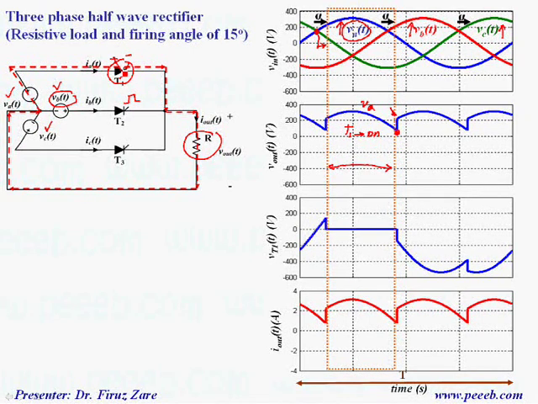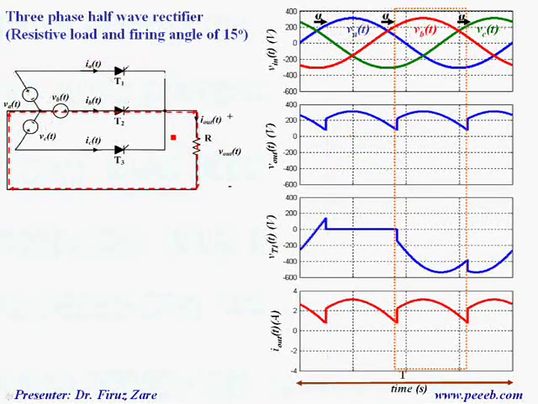If you look at this current loop, over this period T2 conducts, that means T2 is on, and because phase B is greater than other phases, the output voltage equals phase B. Suppose that the voltage across the thyristor is 0.